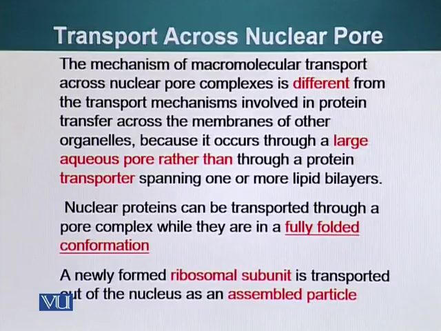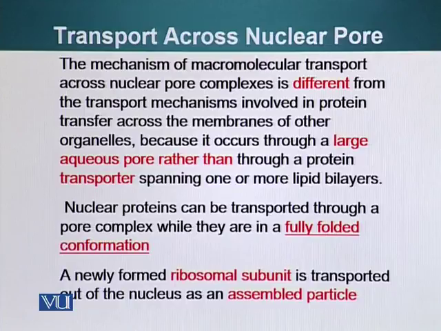The mechanism of macromolecular transport across a nuclear pore complex is different from the transport mechanism involved in protein transfer across the membranes of other organelles, because in other organelles, folded protein cannot enter that particular organelle. However, in the nucleus, a fully folded protein can enter through that pore because that pore is aqueous and it spans both lipid bilayers.